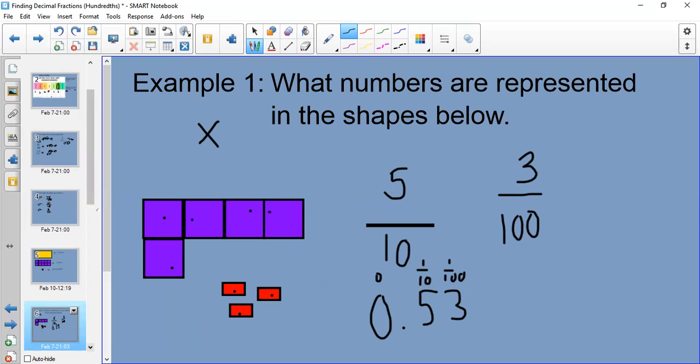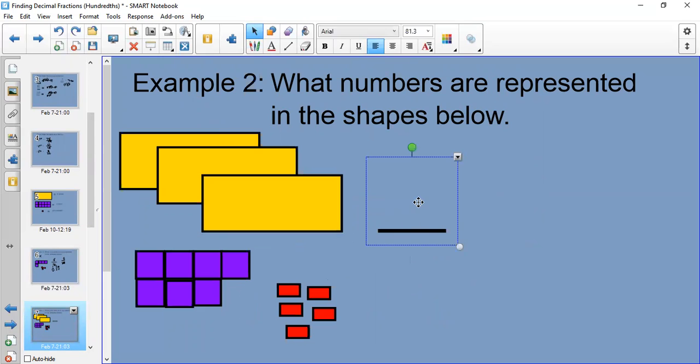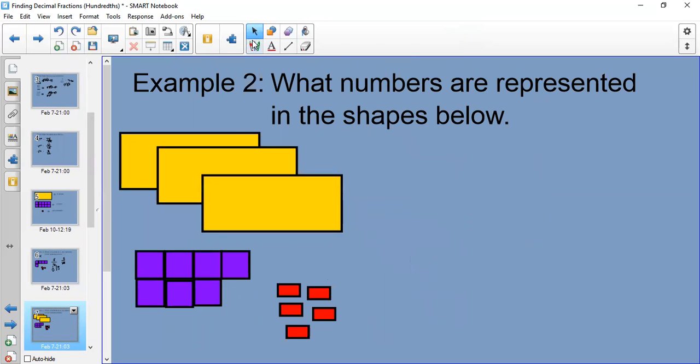Let's see if you can manage the next one. So what numbers are represented in the shapes below? Now, how many whole parts have we got? We've got 1, 2, 3 whole parts. I'm going to write 3 here. So in our ones column, we've got 3. Now we're looking at the parts of the numbers that we've got in our tenths column and our hundredths column. 1, 2, 3, 4, 5, 6, 7.